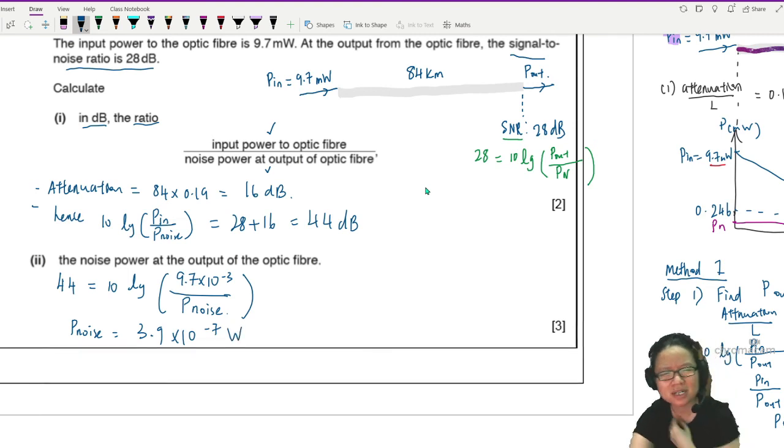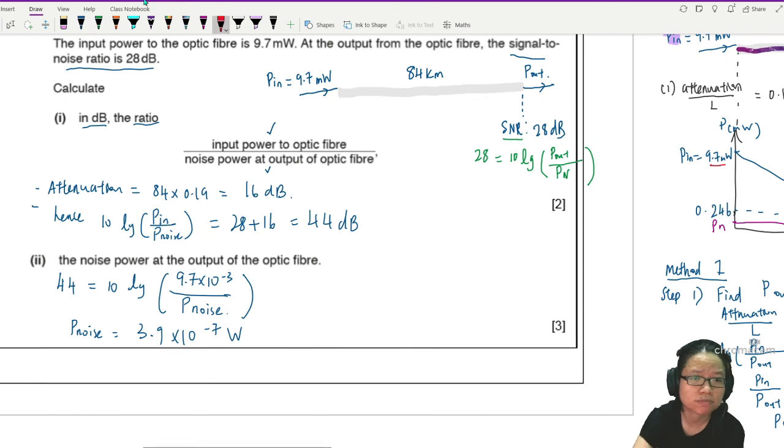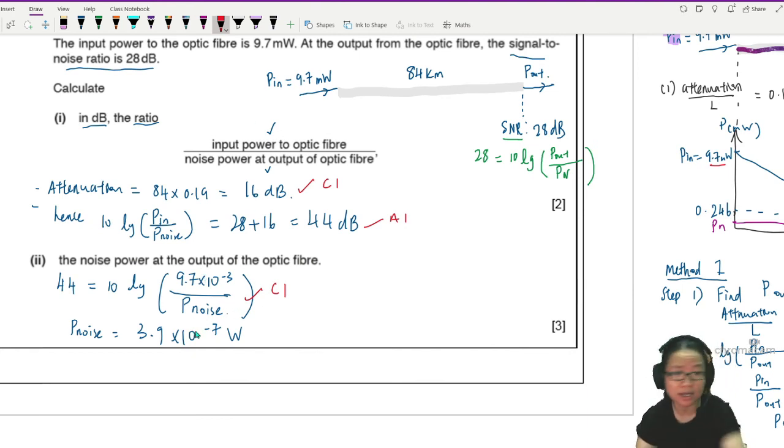Wow, you may miss a 3 mark like this. Apparently, maybe not, but you want to be safe, so I will show you where the marks are. You find the attenuation, this is C1. The answer is A1. You ratio correctly, this is C1. Remember, I always take the bigger number divided by the smaller number because I don't like negative numbers. But if you flip it, then this thing will be negative.